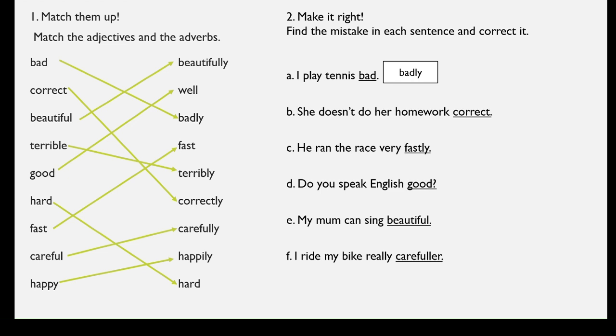I play tennis badly because play is a verb and we describe a verb with adverbs. So adverbs end with ly, so it's badly. You have only 1 minute to complete this task. Good luck!